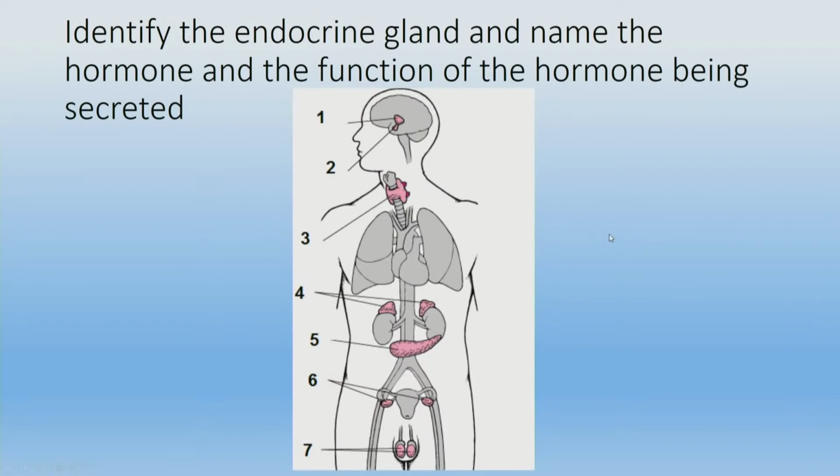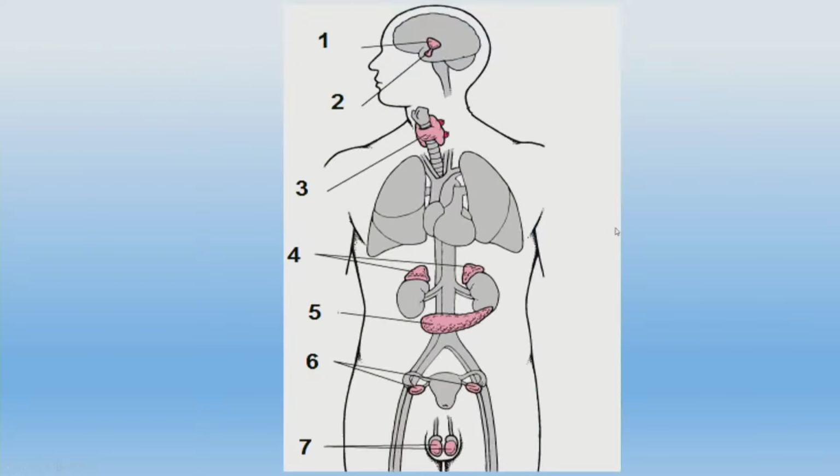Here we have the endocrine system. Just make sure that you know your hormones together with the functions of those hormones. Or you should start first with the glands, and then the hormones which are secreted by those glands and the functions of each and every hormone.